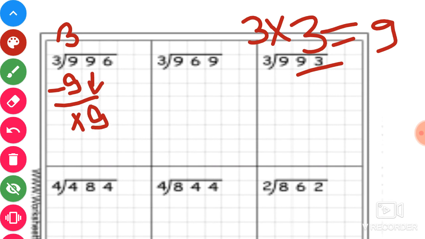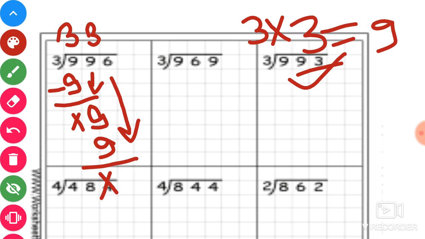Now 3 के टेबल में 9 आता है. Yes, 3 3s are 9. We will write 3 again and we'll put a cross. Then we are having another number 6 that we have to carry down. Now tell me kids, do we get 6 in 3's table?